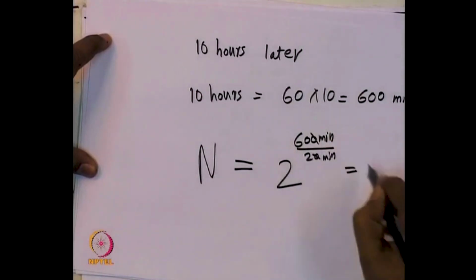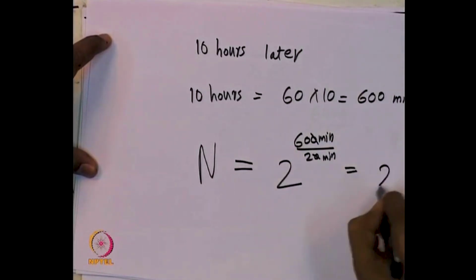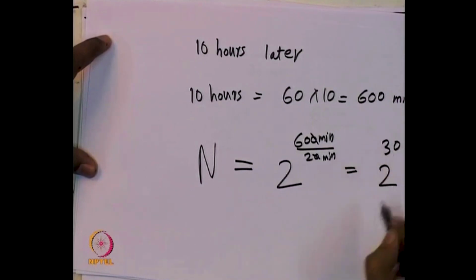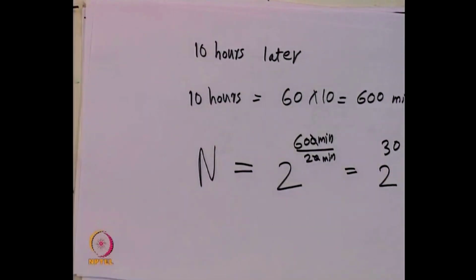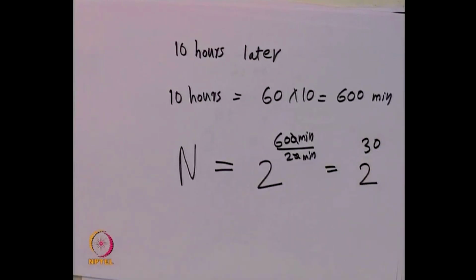This is 30, so this is 2 power 30. So, there will be 2 power 30 bacteria after 10 hours.